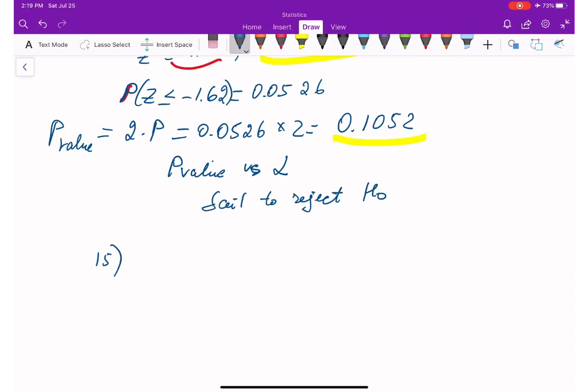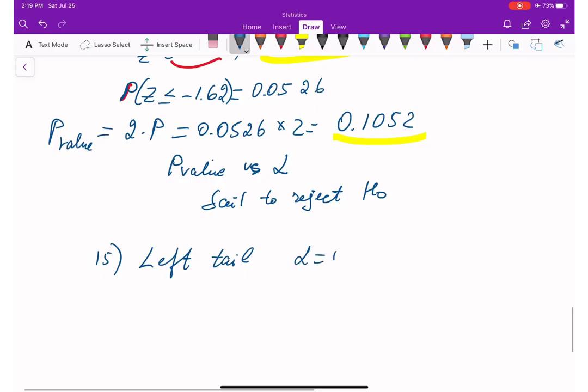Let's see what we have here. Find the critical values for the left tail with z-test. Left tail, okay, we have left tail. And alpha equal 0.04.